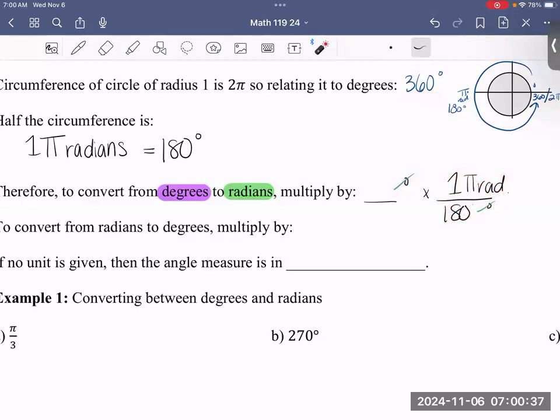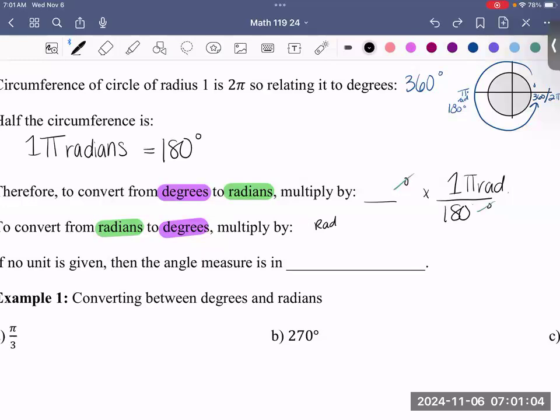And if we wanted to go in reverse, from radians to degrees, what would we then multiply by? Well, if we want your radians to cancel, and it's not the pi that will cancel, sometimes we can still find just a radian: 1 radian, 2 radian, 3 radian, 4 radian. But notice how I didn't say pi. Pi is an actual number.